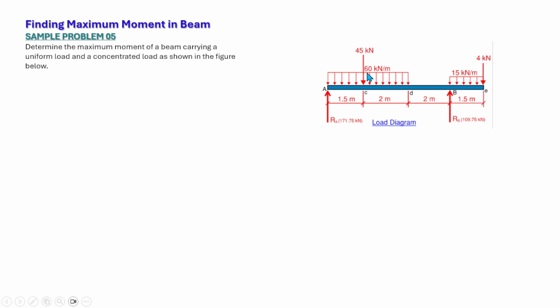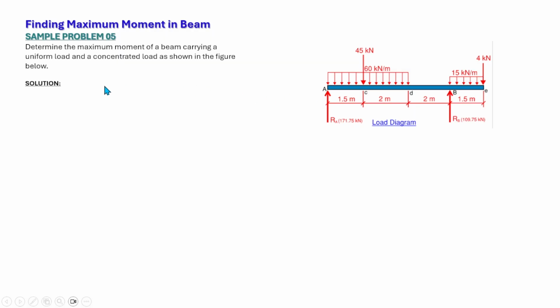It is loaded with a 60 kilonewton per meter uniform load, a concentrated load of 45 kilonewtons, and also 15 kilonewtons per meter applied at the cantilever end, and a concentrated load of 4 kilonewtons at the free end.